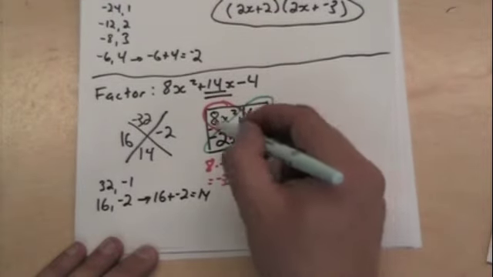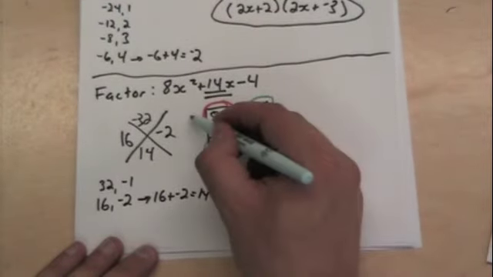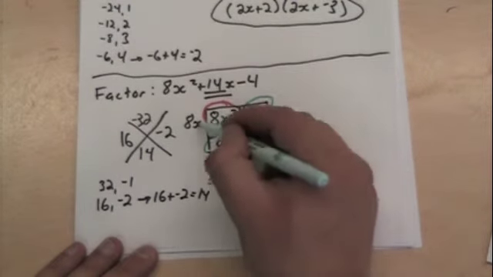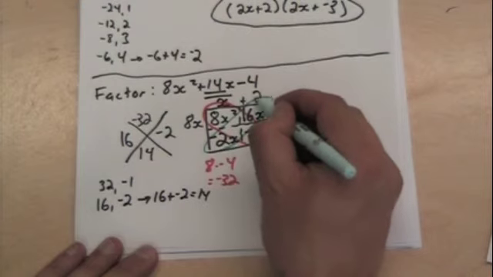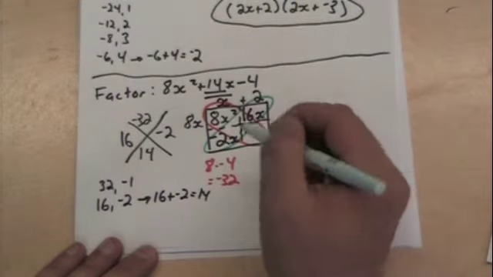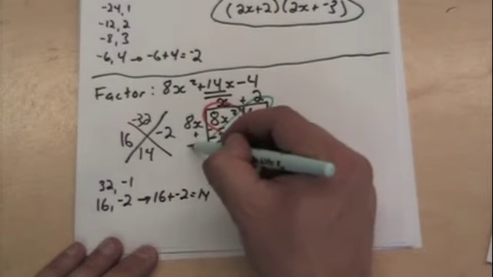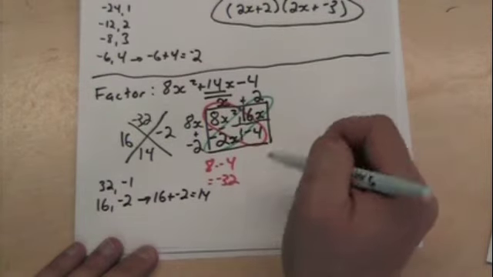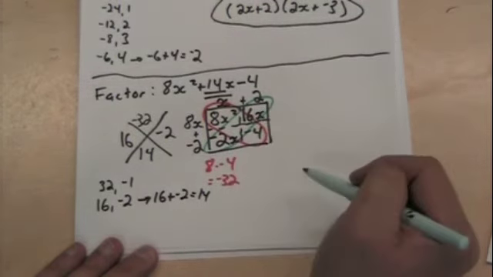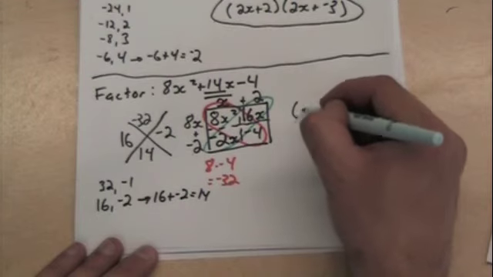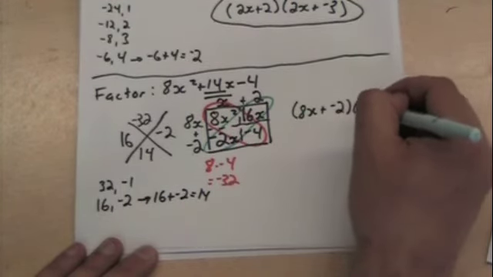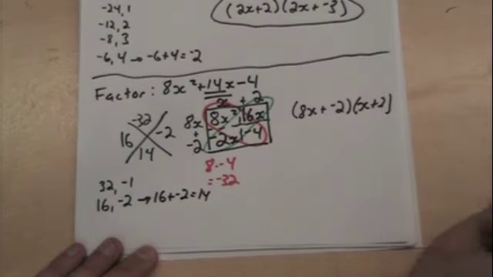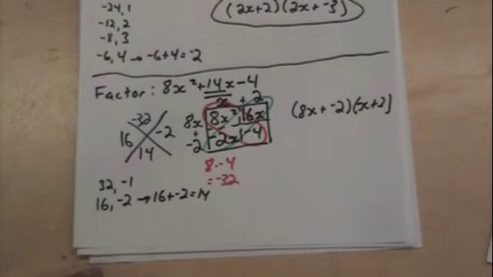Greatest common factor here, 8x squared and 16x is 8x. 8x times x gets me 8x squared. 8x times 2 gets me 16x. X times negative 2 gets me negative 2x. And let's check. 2 times negative 2 is negative 4. Excellent. So 8x plus negative 2 times x plus 2. I have now factored that trinomial.